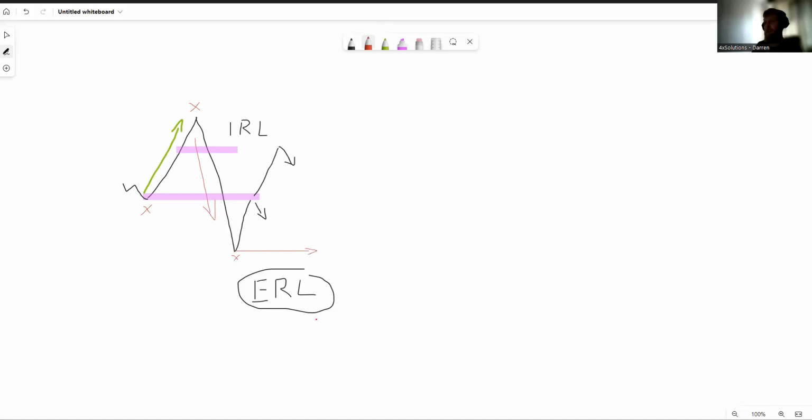Okay, and the same is said if it was an order block, if it was a void, anything. So over here would sit the old high, which is external range liquidity. Internal range liquidity is the order block and the void. So when you're trading an order block or a void, that is internal range liquidity. And if you're buying into that and you close your trade, then good, trade idea, great.